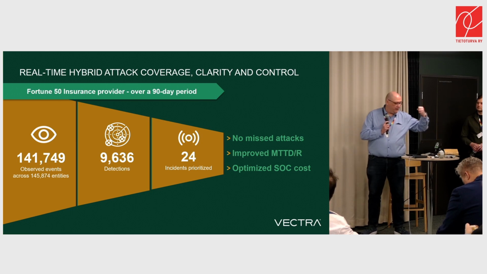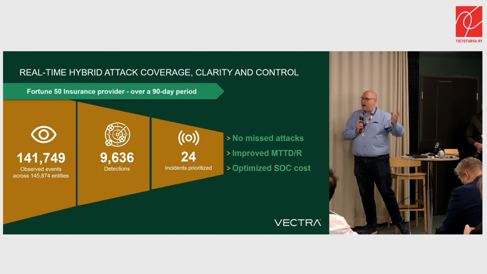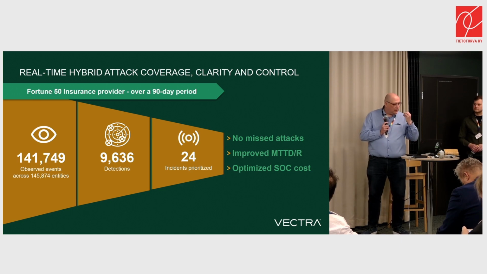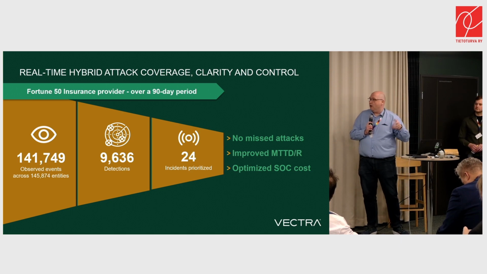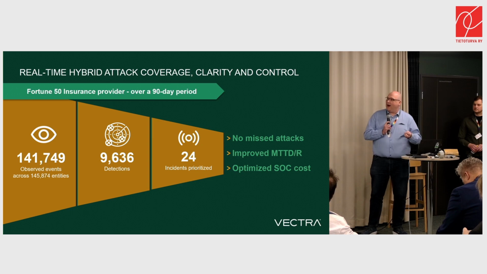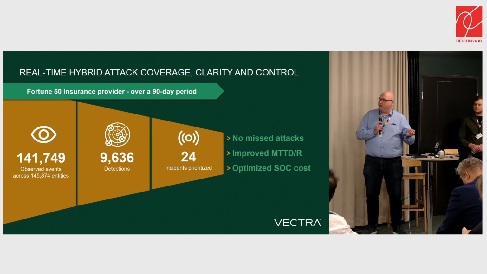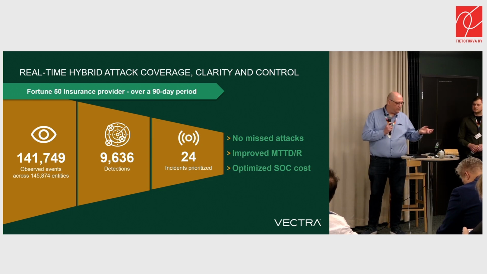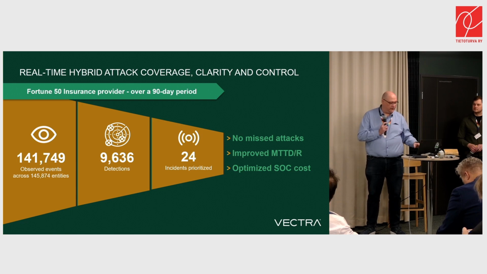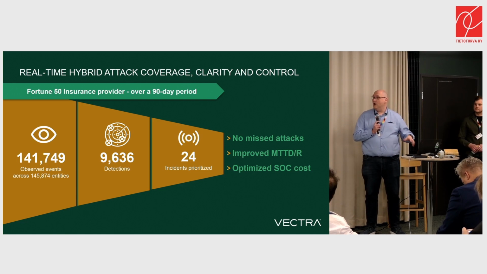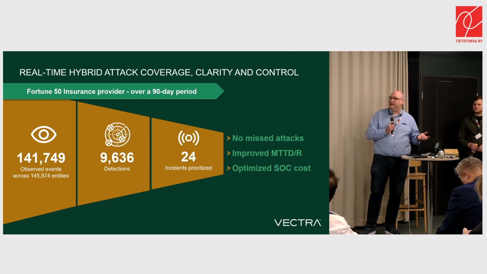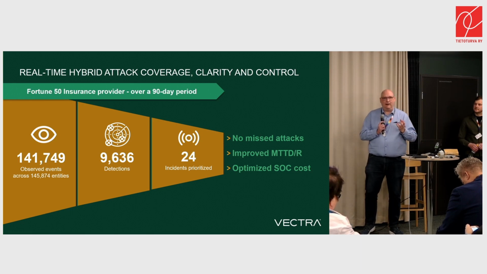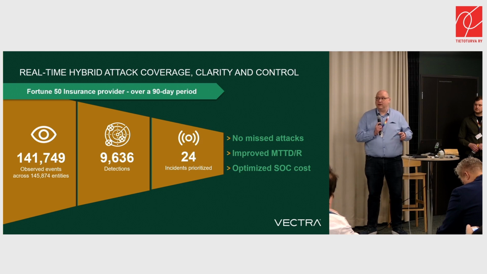It stitched together 9,000 detections, correlating them onto accounts or hosts, etc. And it also helped to prioritize the ones that are really important. Over this 90-day period, they only had 24 really prioritized things to investigate.